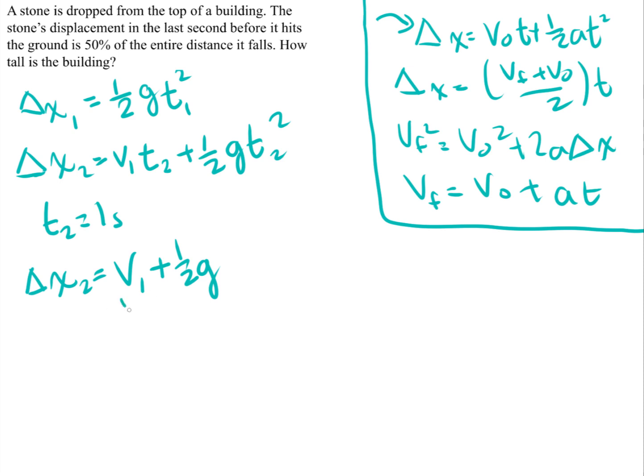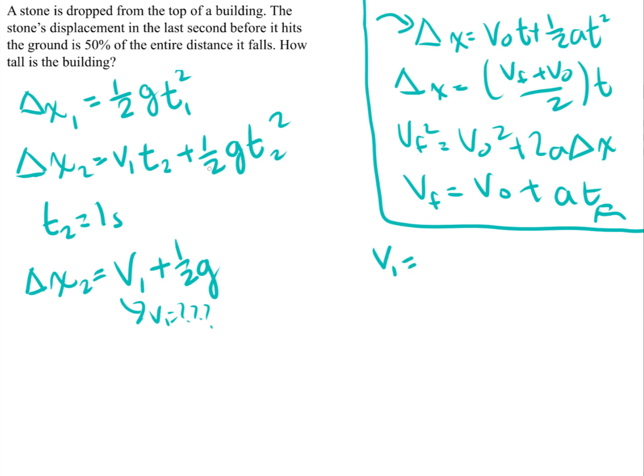But we don't know what v1 is yet, so we need to figure it out. That's where this equation comes in handy. It says that the final velocity is equal to the initial velocity plus the acceleration times the time. In this case, our final velocity is v1, because this is the velocity after the stone falls the first 50% of the distance.